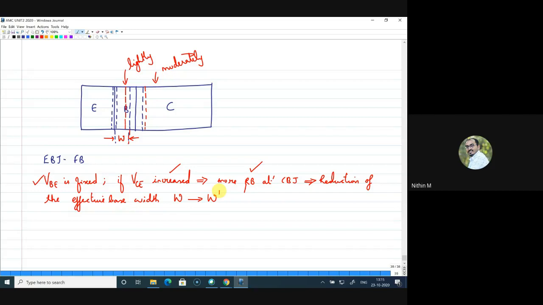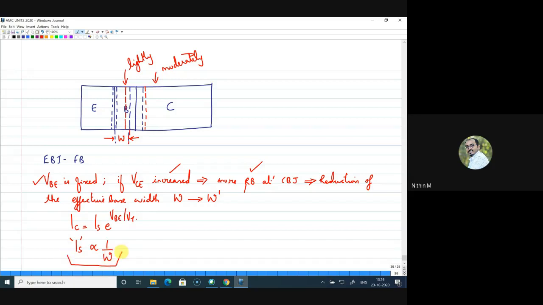Or other way, we can actually relate in this form. So I know that IC is IS into e to the power of VBE by VT. Now, if you look at IS, which is the reverse saturation current, which is the minority carrier current across the junction, this is inversely proportional to the width of the base. So these things we did not see here, this has to be done in device physics.